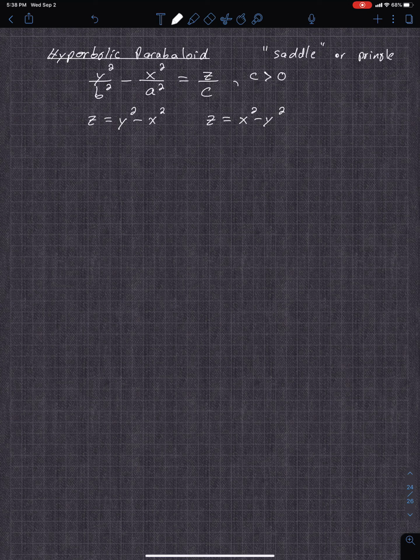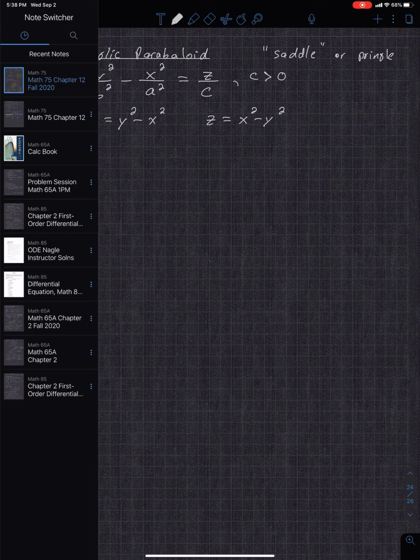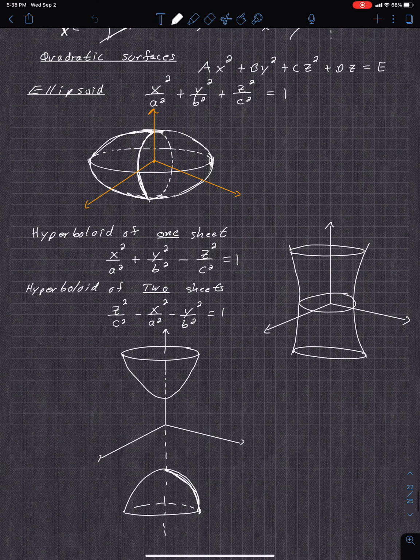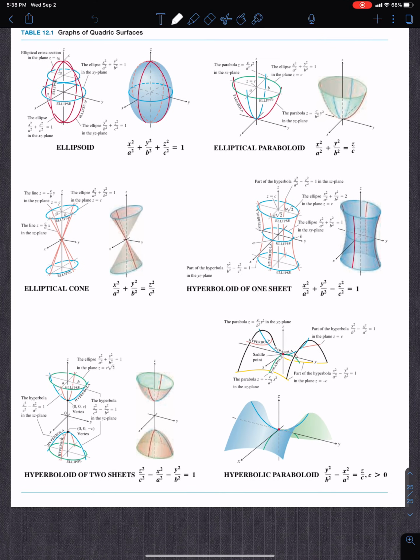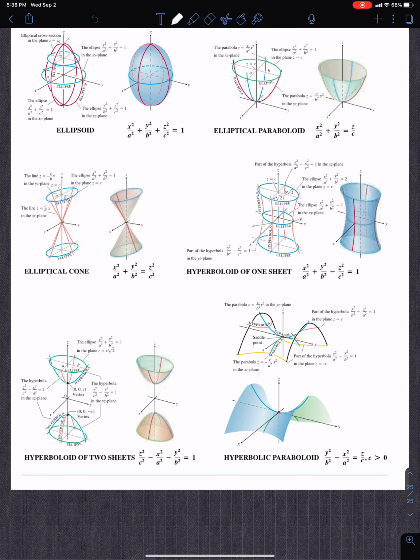So I think for this one, probably best just to show it to you. I'm actually just going to copy and paste it in there. So this is the hyperbolic paraboloid, just like that.